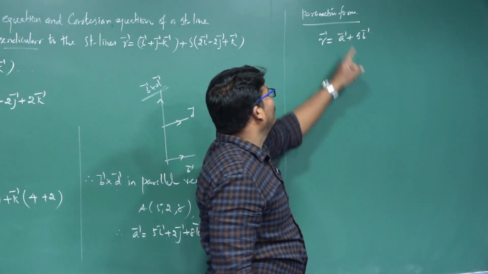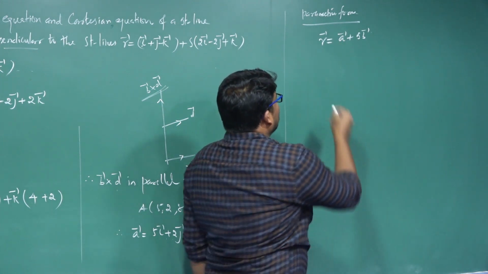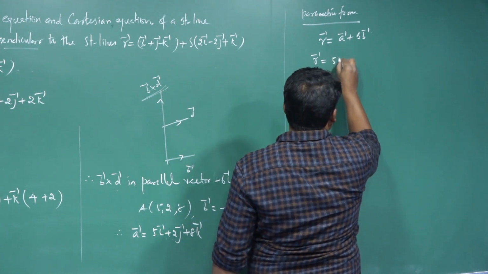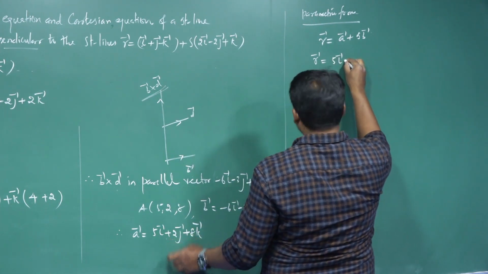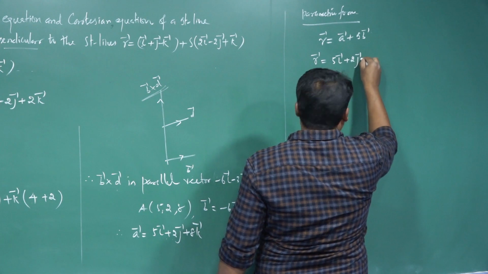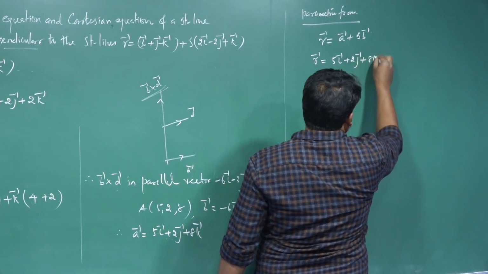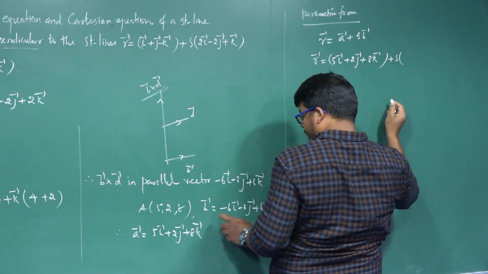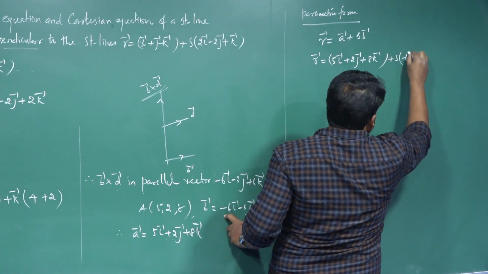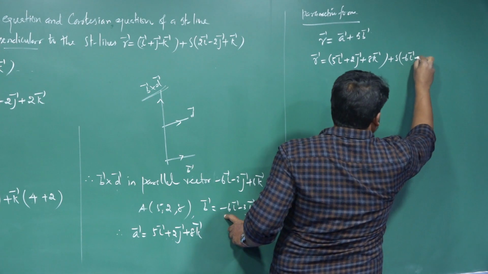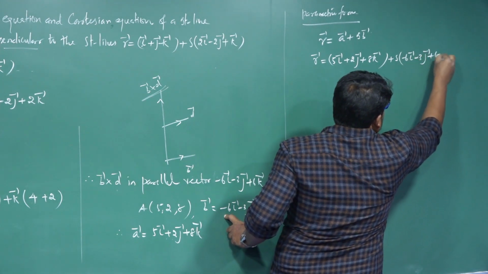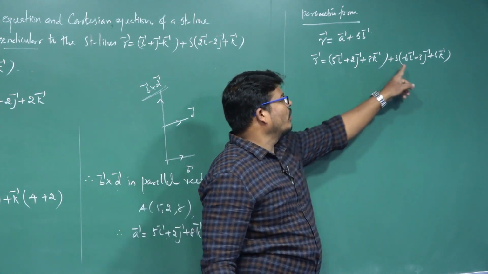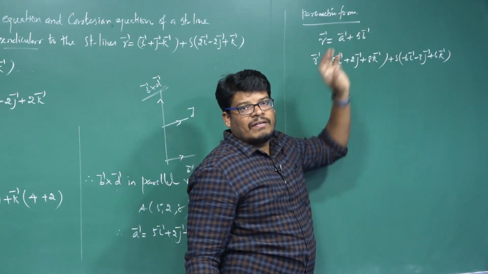Substituting, R vector equals 5i vector plus 2j vector plus 8k vector, the point, plus S times B vector, where B vector is minus 6i minus 3j plus 6k vector. That is the parametric form of the vector equation.